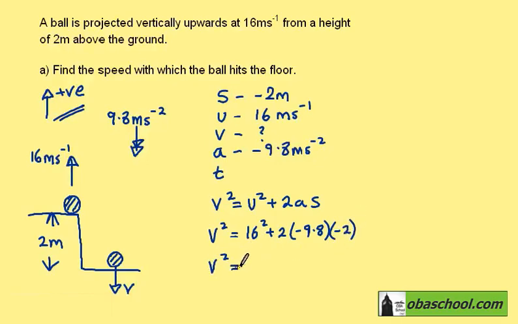So v squared is equal to 295.2, and square rooting gives us that v is equal to 17.2 meters per second, correct to 3 significant figures.